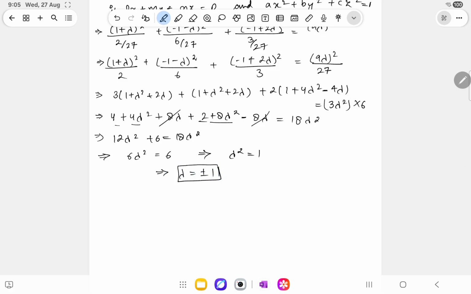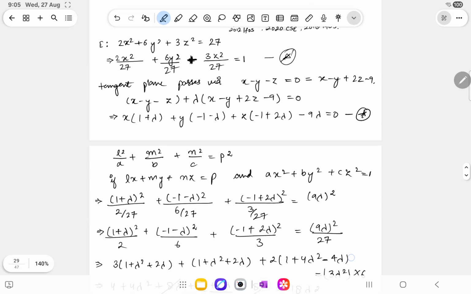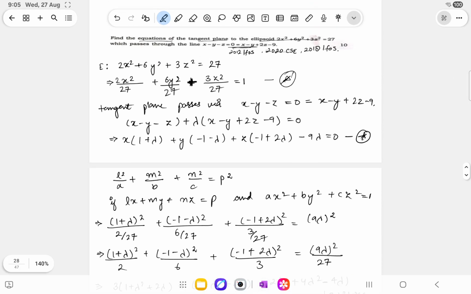So we have basically two planes passing via the given lines which are tangent to the given ellipsoid.